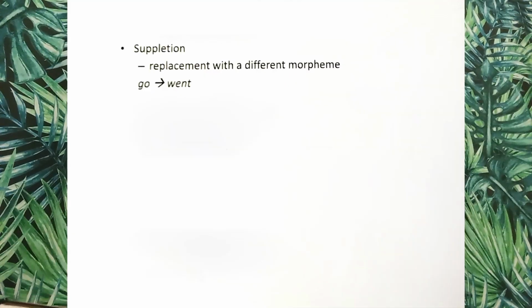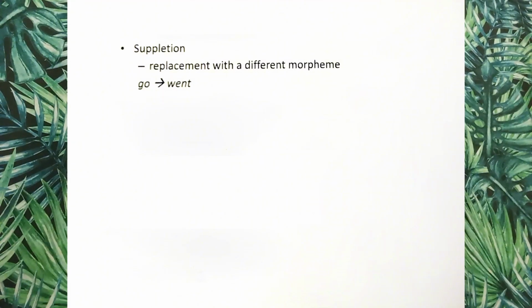So next we're talking about suppletion. But before we talk about suppletion, I think I have to give some descriptions of what suppletion is about, right? So firstly, suppletion is the occurrence of phonemically unrelated allomorphs of the same morpheme.